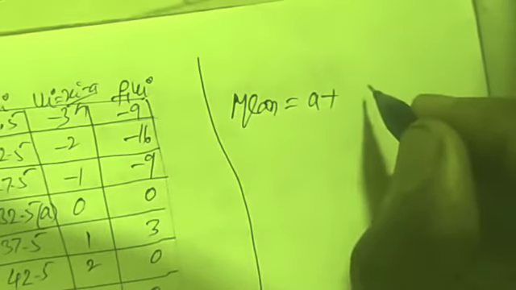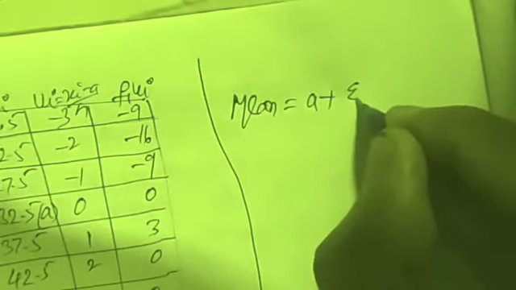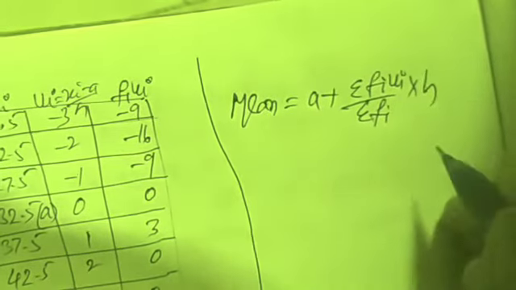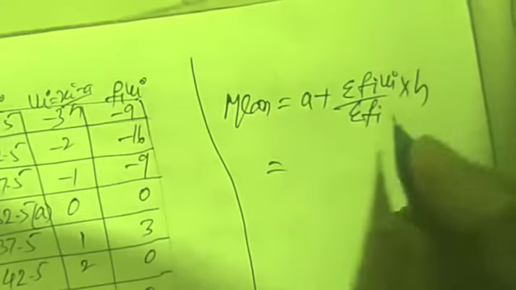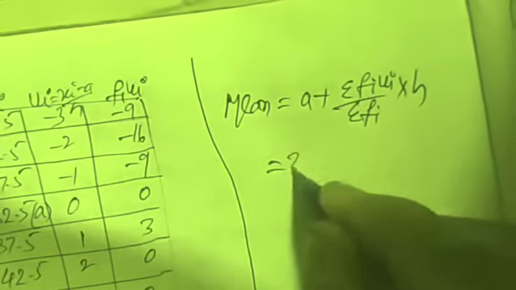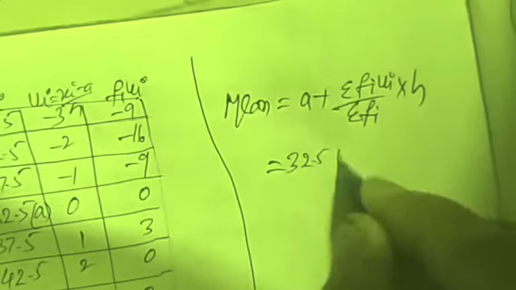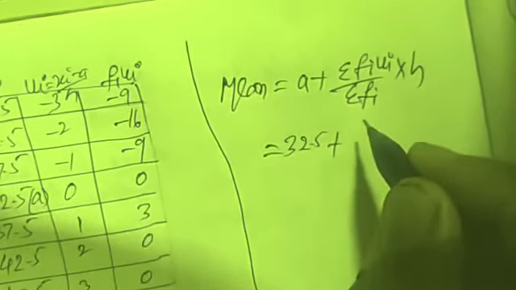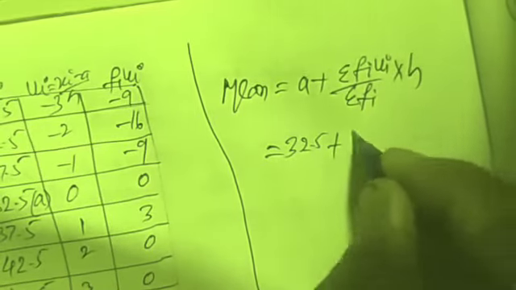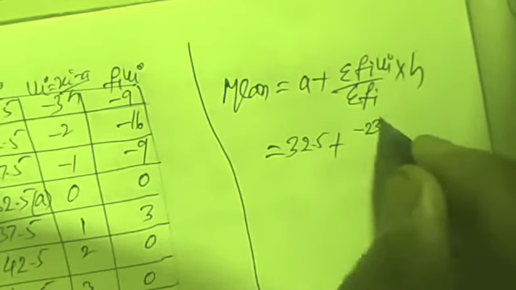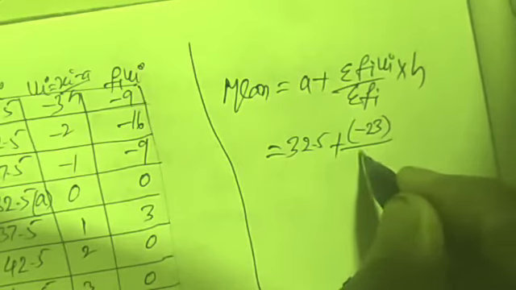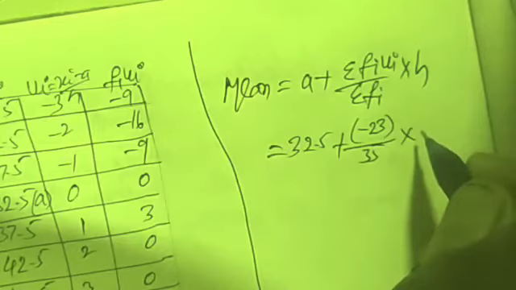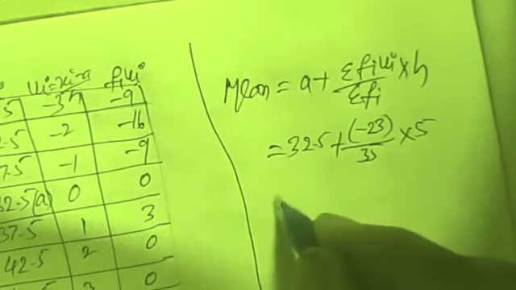Now mean equal to A plus sigma fi ui by sigma fi into H. So A equal to 32.5, sigma fi ui means minus 23, by sigma fi, 35, into H, which is 5.